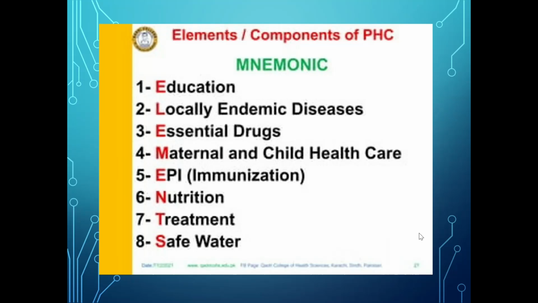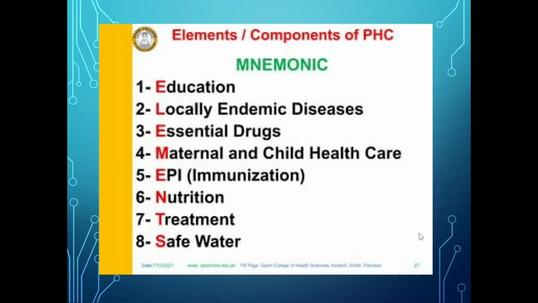So what are the different elements of PHC? A mnemonic, made from the word ELEMENTS itself. E for education, then locally endemic diseases, they should work for those. They should have essential drugs available for all the diseases prevailing in that community.